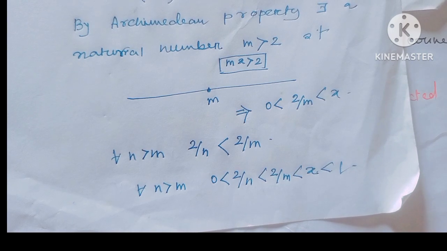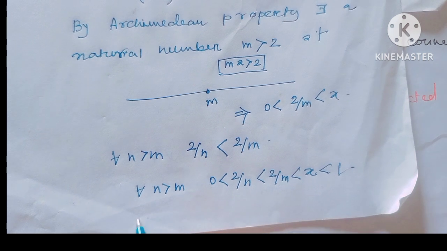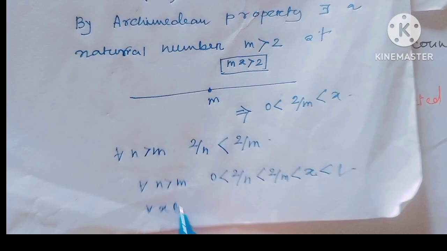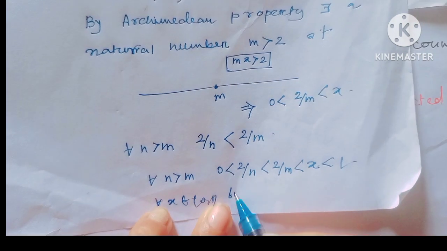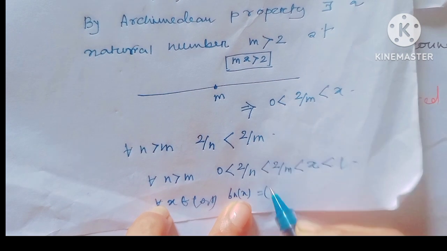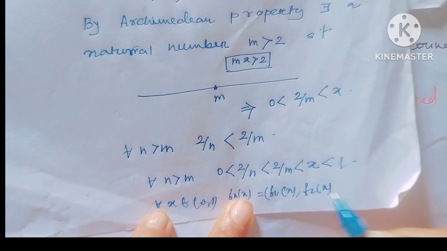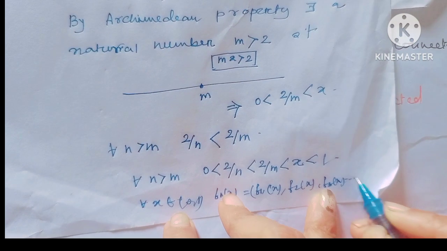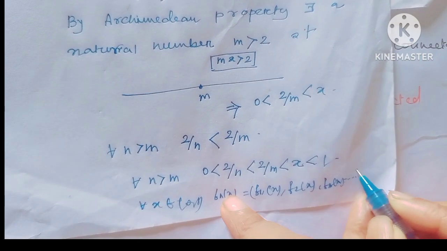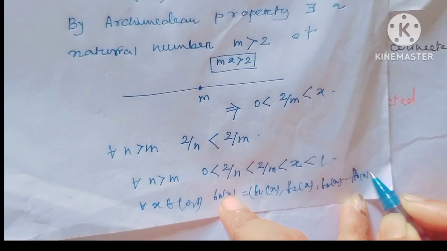Then for all x belonging to the open interval 0, 1, fn(x) means f1(x), f2(x), f3(x), fn(x), and so on.